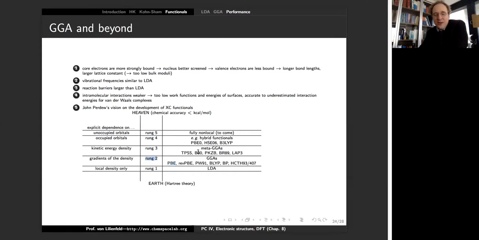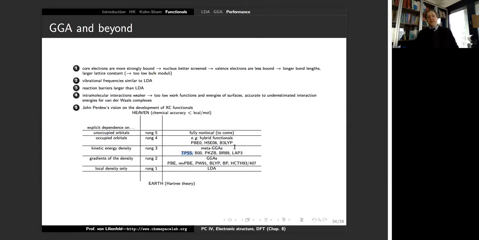Now we can also introduce second-order derivatives, okay? And that is then something like the kinetic energy, right? Remember, that's the second-order derivative, and one of the most well-known so-called meta-GGAs is the TPSS functional.